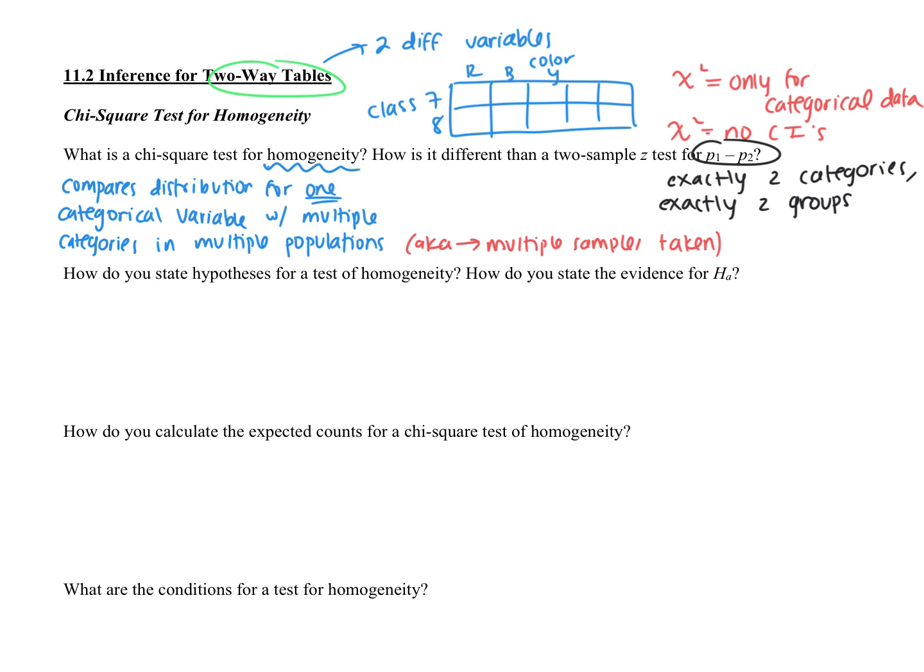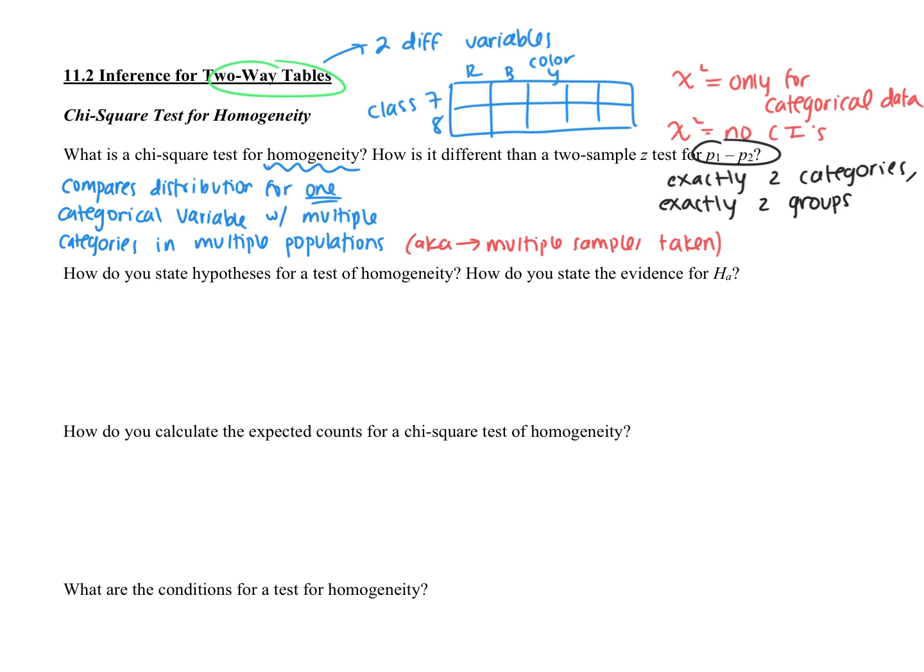Okay, so what we're going to be doing in a chi-square test for homogeneity is comparing two different populations. For our null, we are going to assume that those populations are the same. So if we were looking at favorite color, we would assume the favorite colors in block 7 have the same proportions as the favorite colors in block 8.